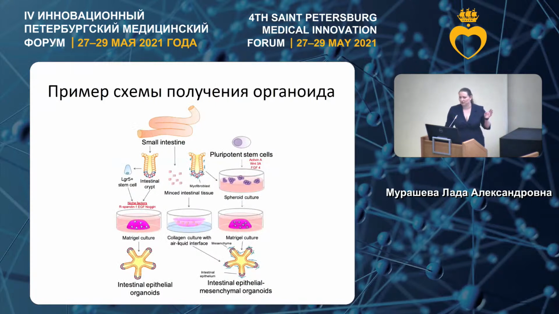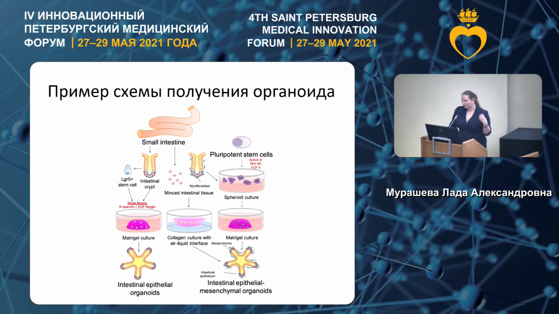The scheme of obtaining an organoid, the simplest scheme, is from a small intestine. We remove a part of an intestine from the animal, fragment it mechanically, then use enzymes, and then we form three possible versions of further development of the organoid.